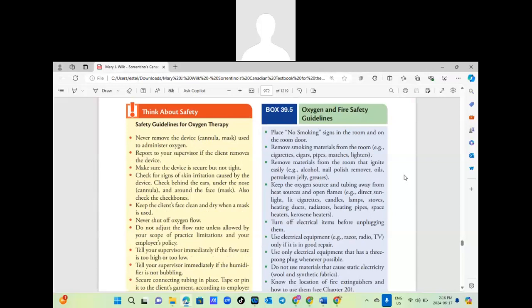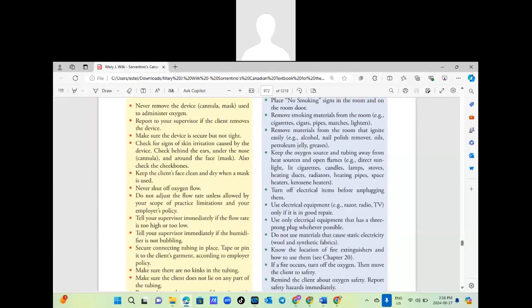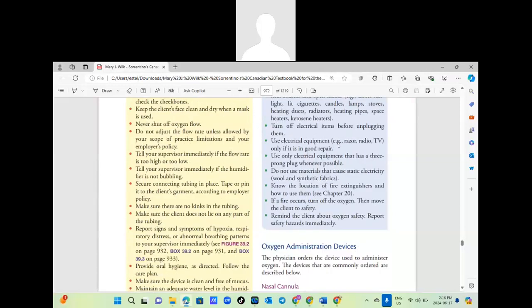All right. Keep the oxygen source and tubing away from heat sources and open flames, such as direct sunlight, lit cigarettes, candles, lamps, stoves, heating ducts, radiators, heating pipes, space heaters, or kerosene heaters. Turn off electrical items before unplugging them. Use electrical equipment such as razor, radio, TV only if it is in good repair.